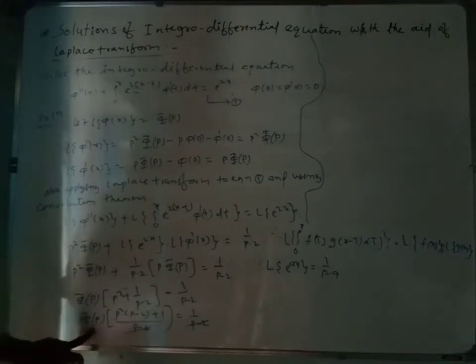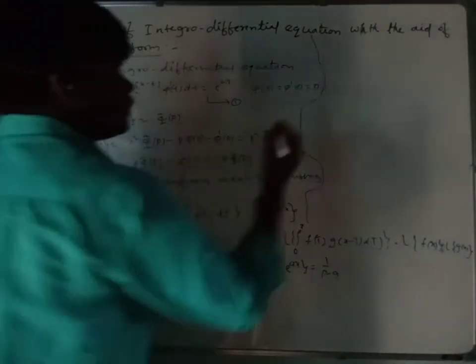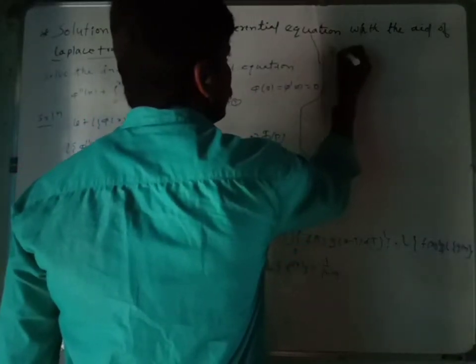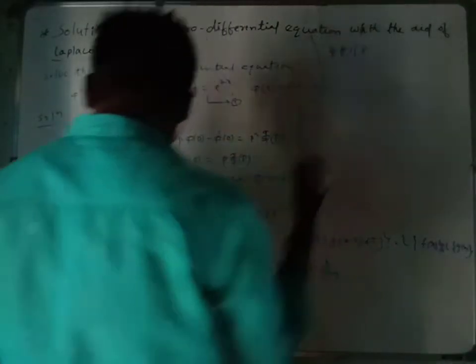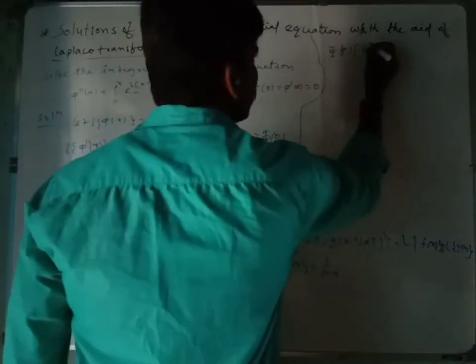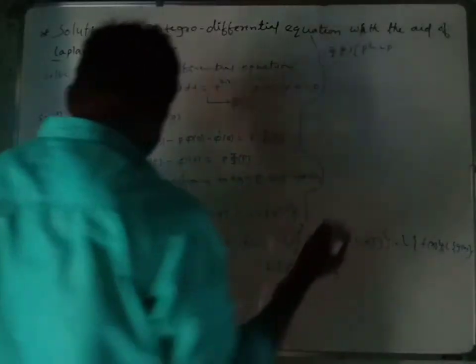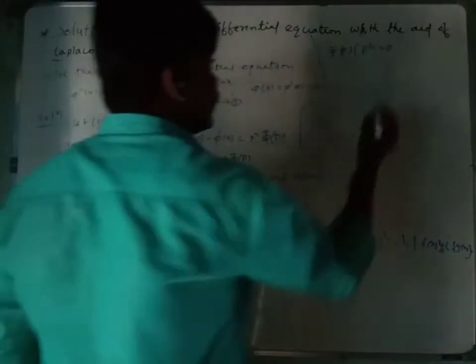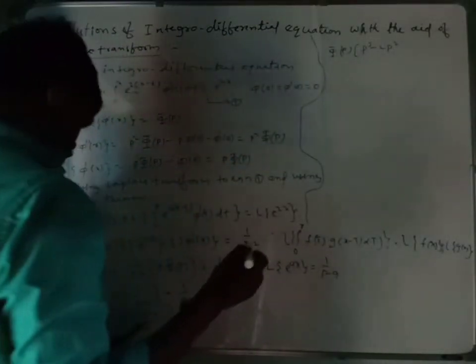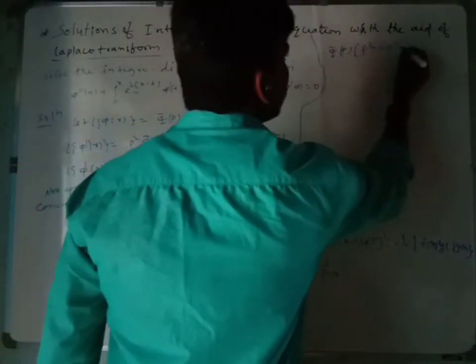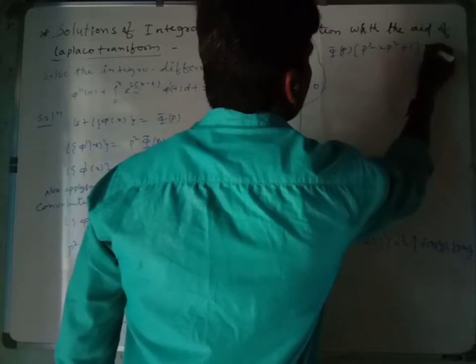Capital Phi of p into p square, p cube minus 2p square plus 1, equal to 1.